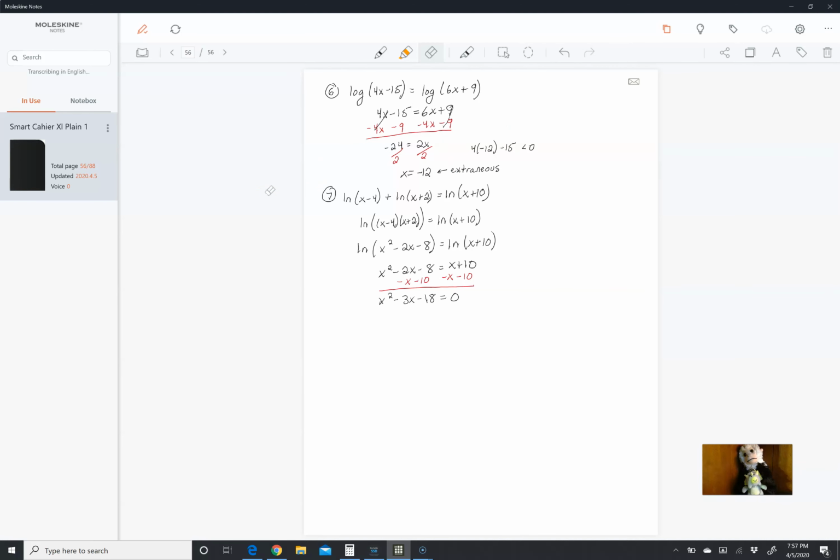And remember I said these are going to be pretty much all factorable. You don't have to solve them by factoring, though. You can always solve it using the quadratic formula or completing the square. So we have two numbers that have to add to -3, but multiply to -18. So we're looking for factors of 18. Those factors are 6 and 3. So it's going to be a -6 and a +3.